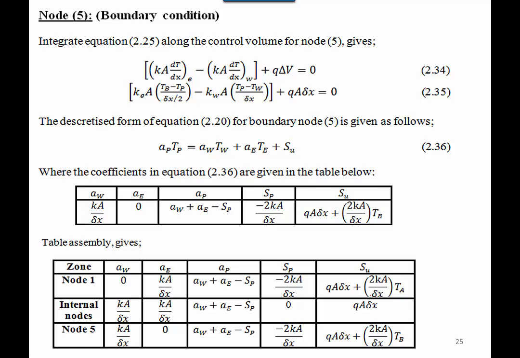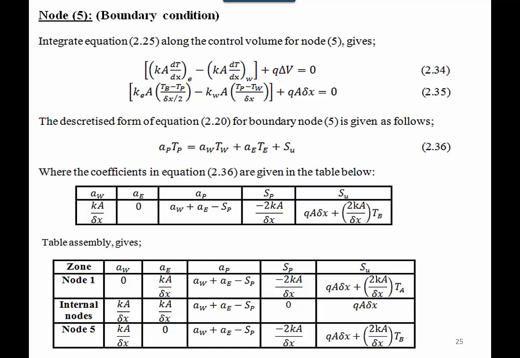And we again discretize, or integrate, equation 2.25 along the control volume number 5, which is at the far east of the domain. And since there is no east value, we will replace it with the boundary condition TB and with a half distance, half delta x, between the point and the B surface.